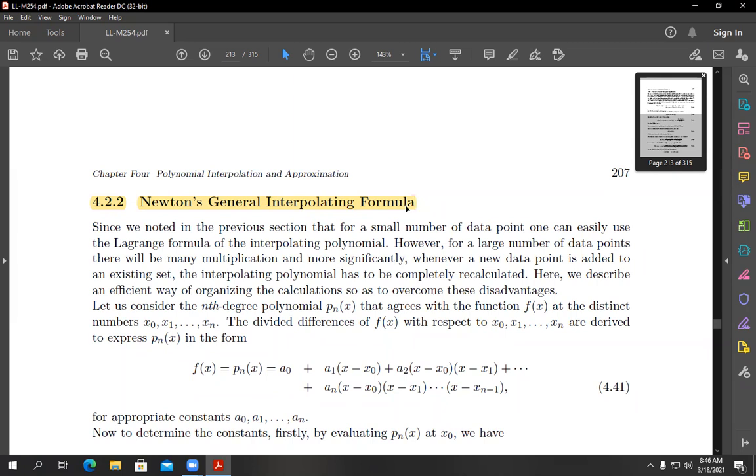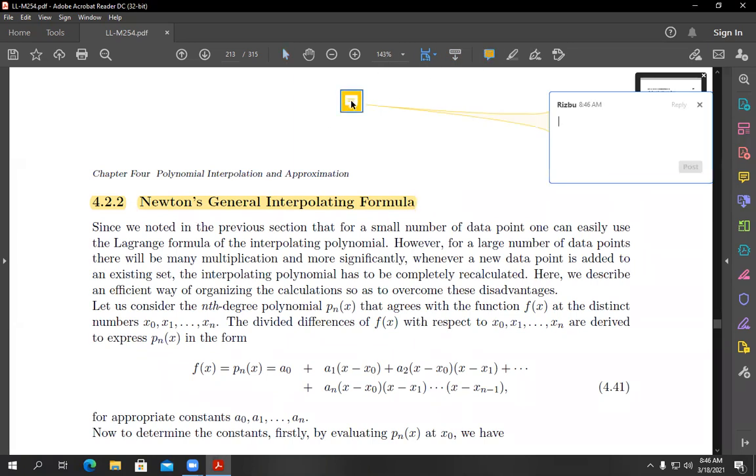Now, if your question is, if they are the same, why do we need this one? Remember, as I told you, what is the big problem in the Lagrange formula? The big problem is that if you have a large number of data points, then it is difficult from a timing point of view.